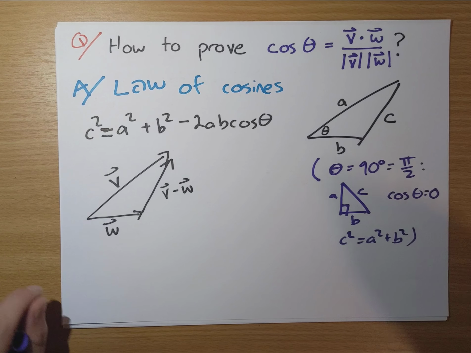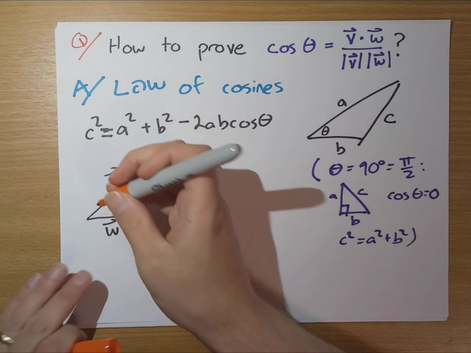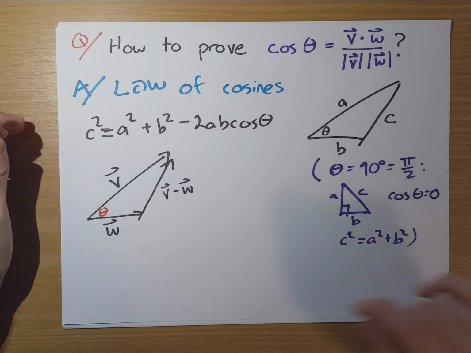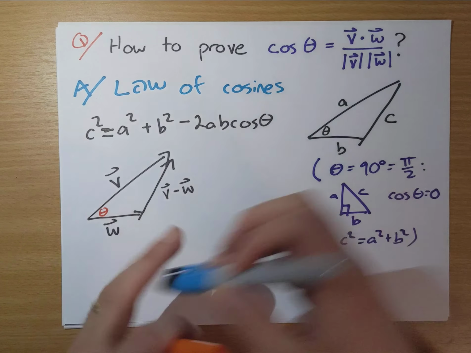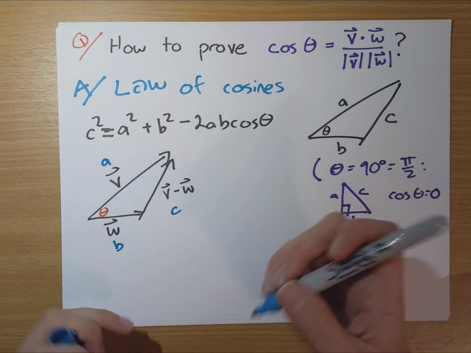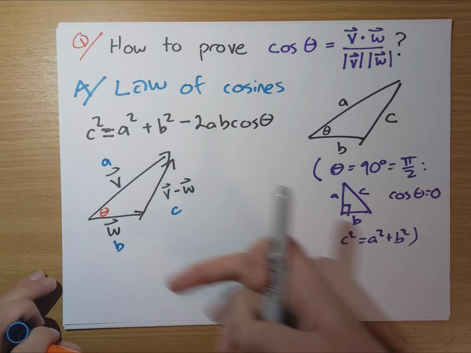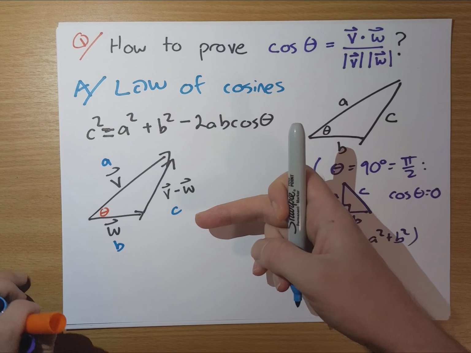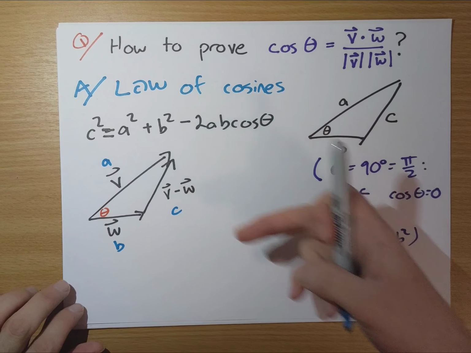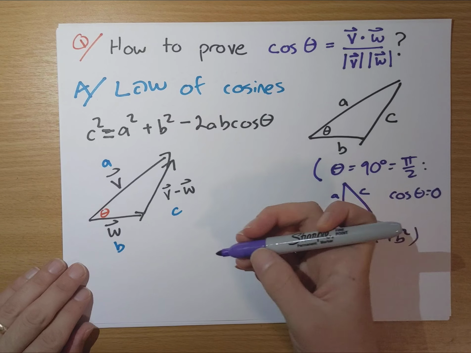So what we're going to do is apply the law of cosines here. Theta is the angle between v and w. Let's apply the law of cosines where this is a, this is b, and this is c, or rather, the magnitude of v is a, the magnitude of w is b, and the magnitude of v minus w is c. What does that give us?